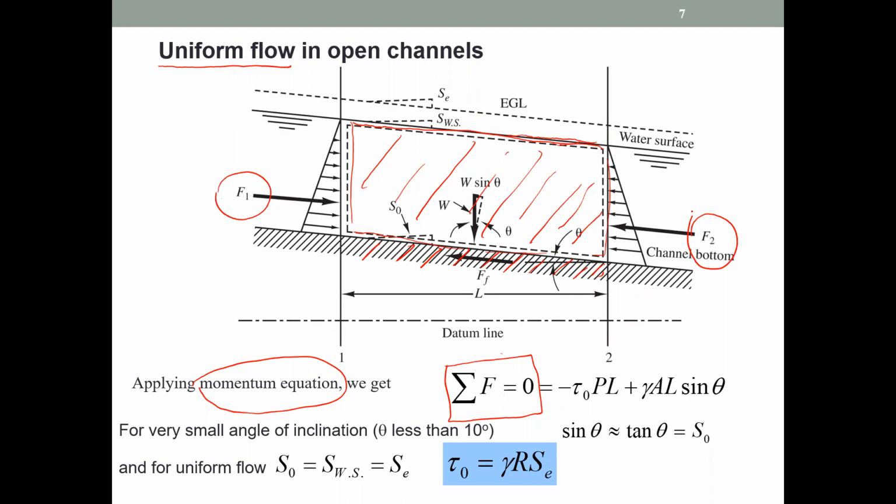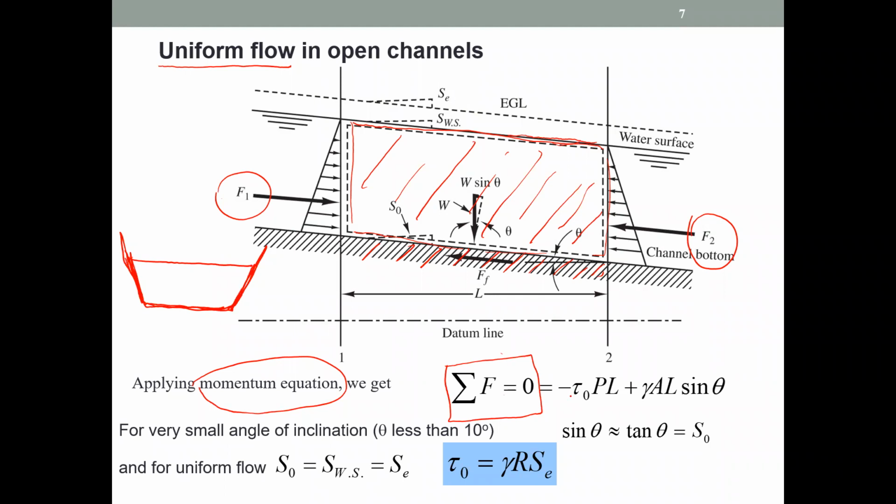In addition to that, there is something called the shear force or the friction force. Where is it? If you consider this kind of trapezoidal section, that is why we discussed the wetted perimeter, right? So where do you have this friction force? The friction force is along this wetted perimeter.